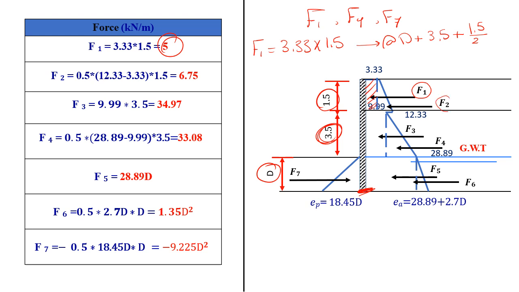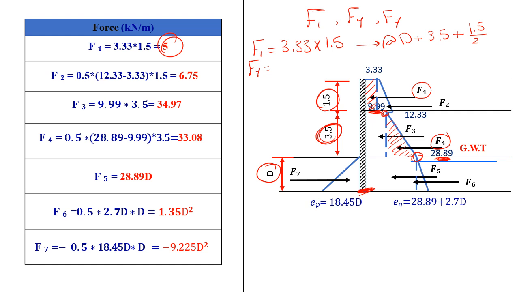What about F2? No, sorry, I will take F4. So I'm picking some examples from the forces. Let's take F4. F4 should be the area of this triangle. This point is 28.89, the ordinate is 28.89, and the top point of my triangle is 9.99.